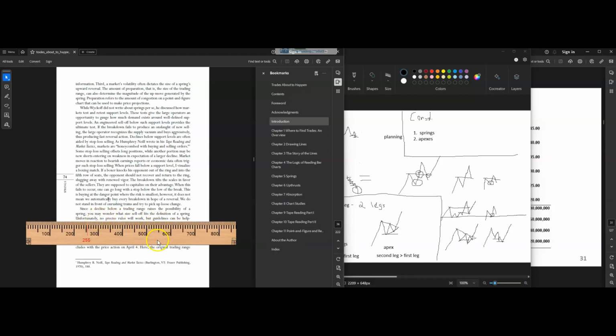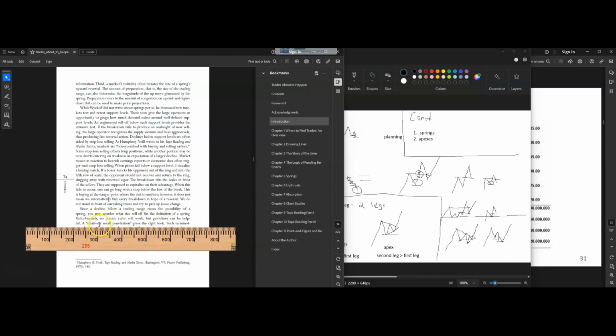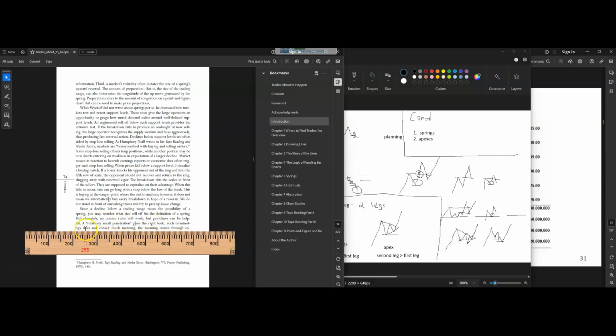Unfortunately, no rules exist, but guidelines can help. A relatively small penetration gives the right look. Such terminology does not convey much meaning. The meaning comes from experience.